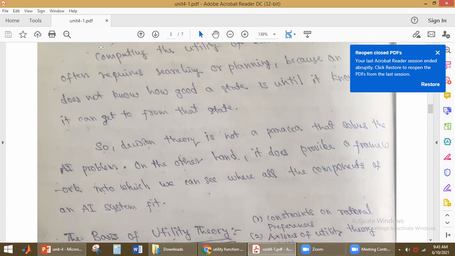The decision theory agent is not a solution to solve the AI problems. What it does provide is a framework into which we can see where the components of an AI system fit.